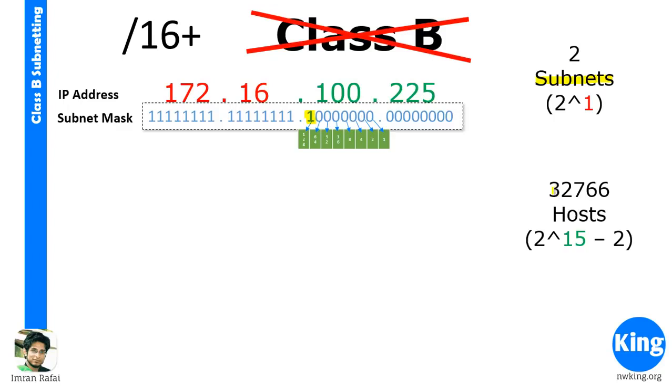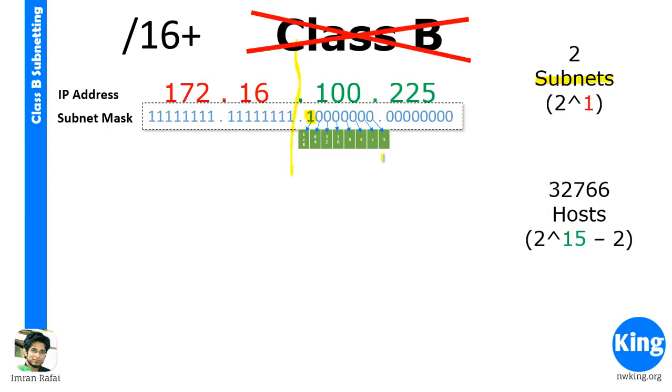How do we get the first network's network ID? We know this from our previous video. We remember for a class B, 172.16 is class B, so this is the default subnet mask, and this is where the default division is, right?